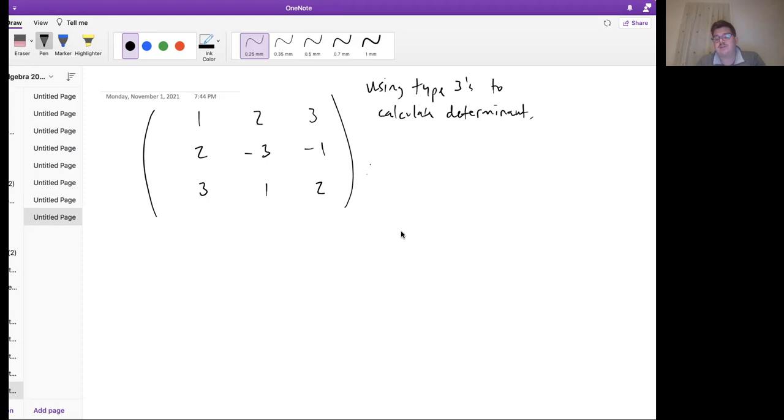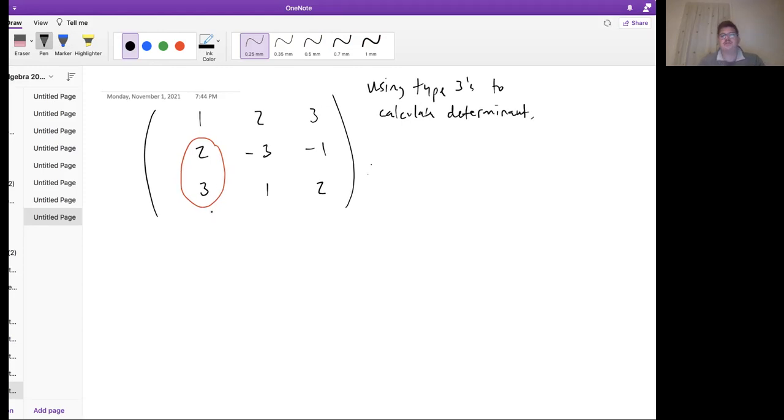Zeros, when calculating the determinant, are very handy because they can make calculations a lot easier. So for example, if we eliminate these first 2 entries, we have a lot less things to worry about. Okay, so let's do it.